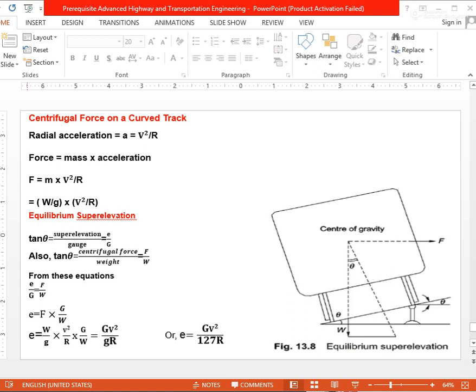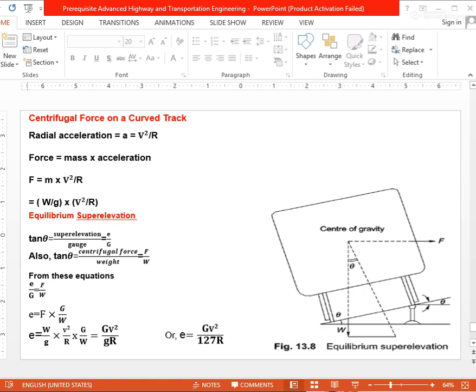Next is centrifugal force on curved track. Same things like in horizontal curves in highway engineering. A vehicle has a tendency to travel in a straight direction which is tangential to the curve even when it moves on a circular curve.